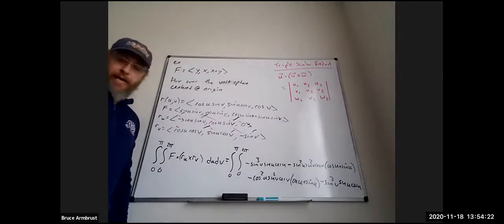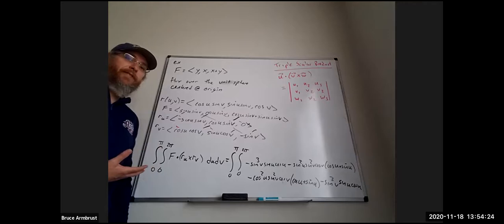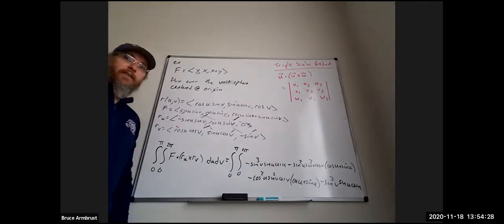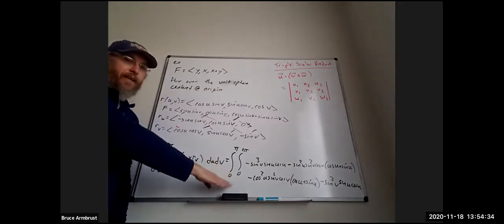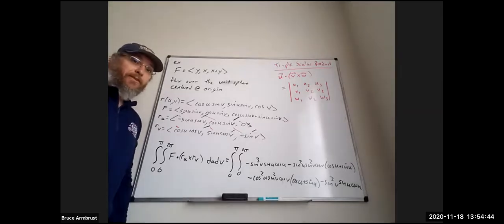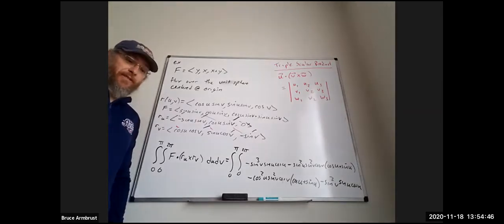All right, so there's just a little bit more about surface integrals. Specifically, I wanted to show you a flux integral so you could see how it plays out. Anyway, I'll leave this to you to integrate. I'm going to guess it simplifies a bit, probably a lot actually, if we use some trig, specifically sine squared plus cosine squared stuff, but I'm not in the mood to do that right now.